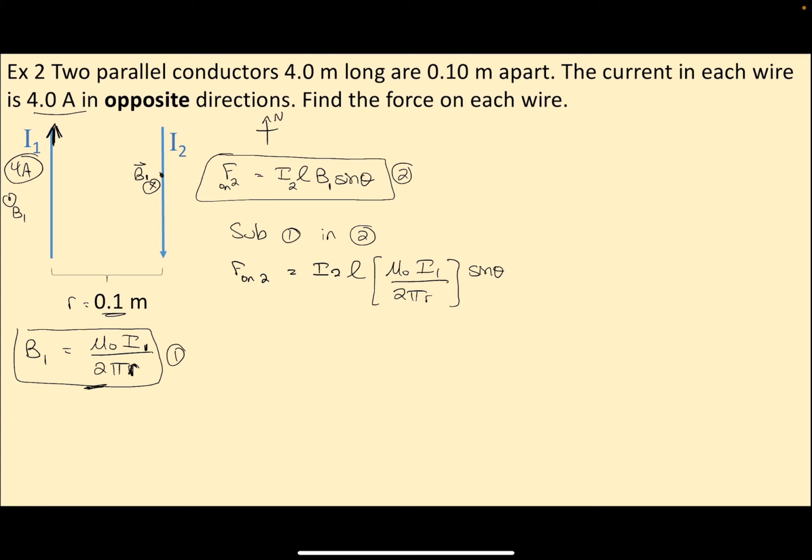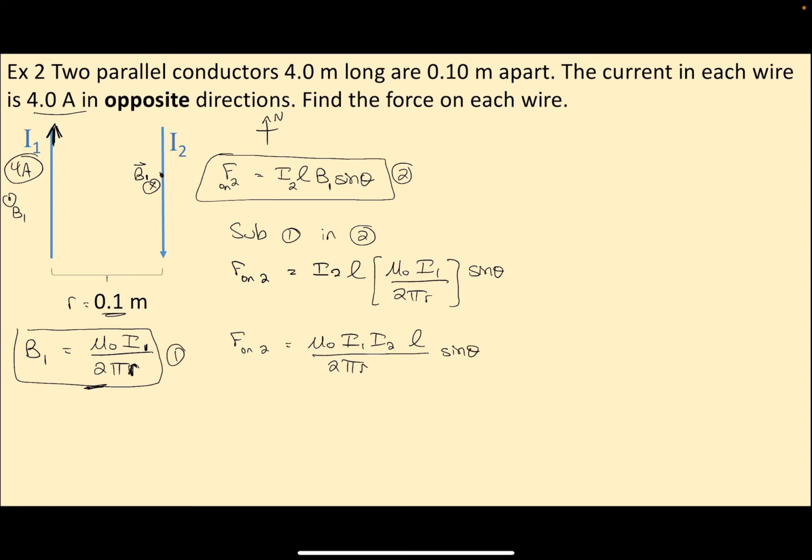We typically see this thing rearranged. So the force on wire 2, people often put mu naught out front. People like constants out front. I1 and then I2. Okay, so there's this guy and this guy and this guy are taken care of. We still have an L out here, and then all over 2 pi r. And then there's sine theta here.